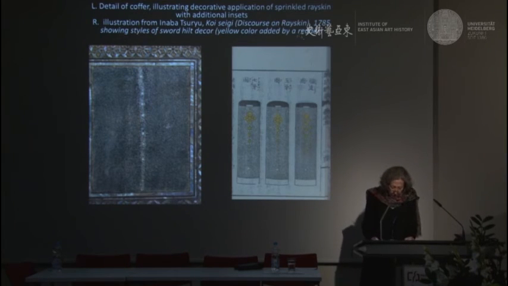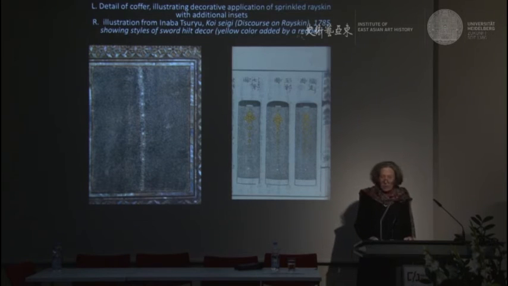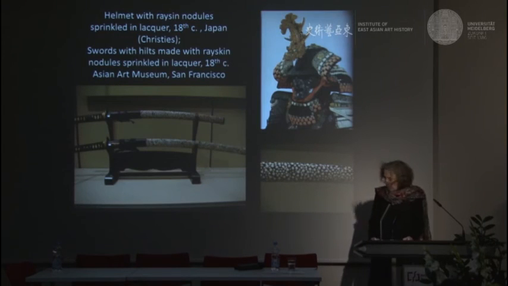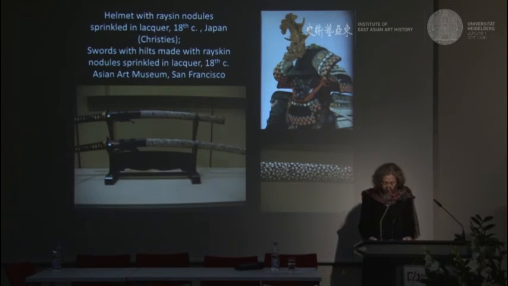The cachet and increasingly high prices that ray skin commanded in the Edo period were both product and producer of its impact in the making of arms and armor, which took on symbolic value as objects of competitive display rather than warfare among members of the warrior class.